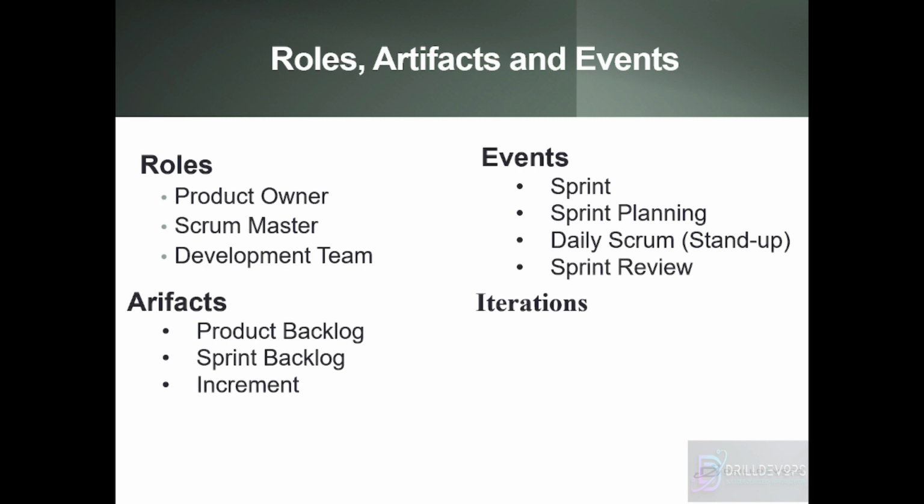That is where iteration comes into the picture, where a specific set of work must be completed and made ready for review. Iterations are the building blocks of agile development, allowing teams to break down complex projects into manageable chunks.